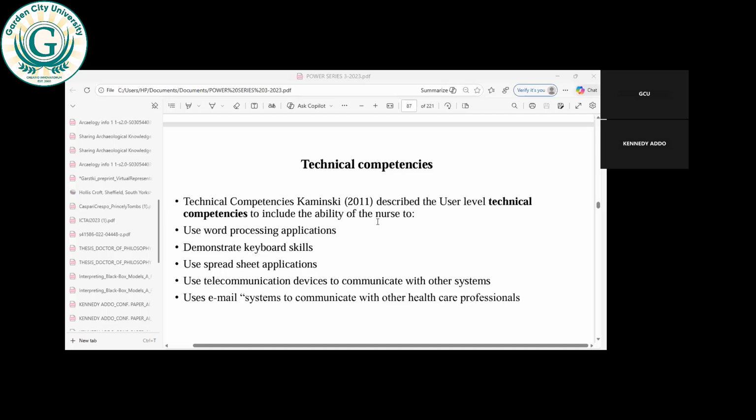You can learn, maybe use a typing tutor, to sharpen your typing skills. So if you cannot use word processing applications, and somebody has to go and type your case study and do everything for you, then if you're not a beginner, who are you? If you cannot compose a message via mail, or attach a file from your desktop to a mail and send it, where can we classify you? So let's ponder on this.